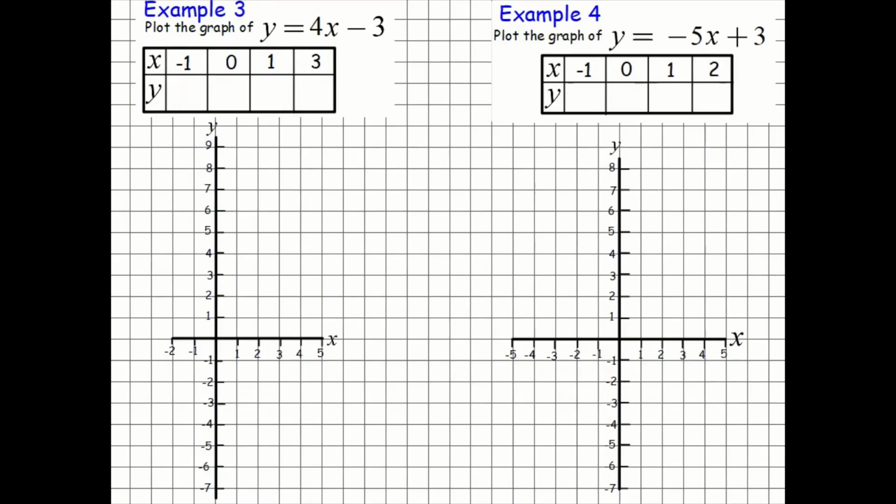It's minus 7. 4 multiplied by 0 is just nothing. Minus 3 is minus 3. 4 multiplied by 1 is 4. Take away 3 is 1. 4 multiplied by 3 is 12. Take away 3 is 9. Now I have some coordinates. Minus 1, minus 7.